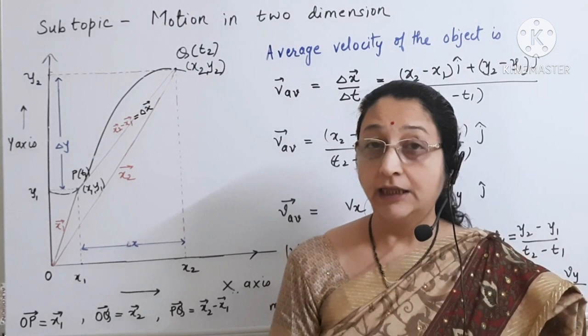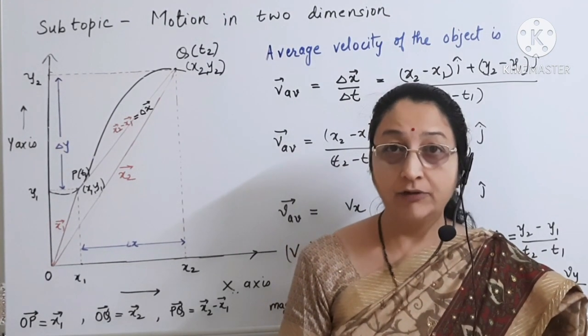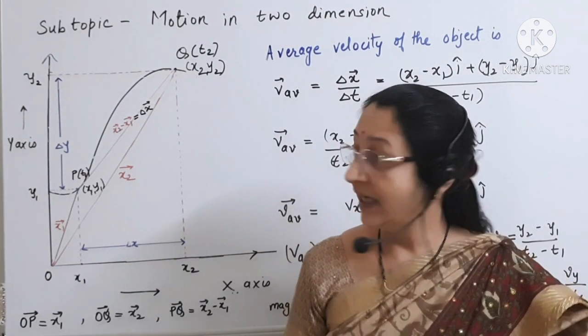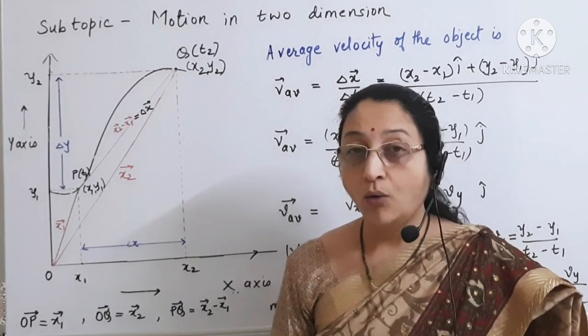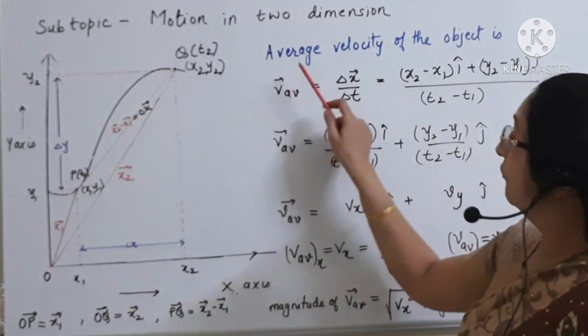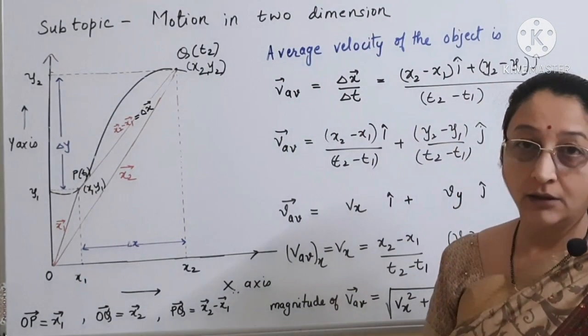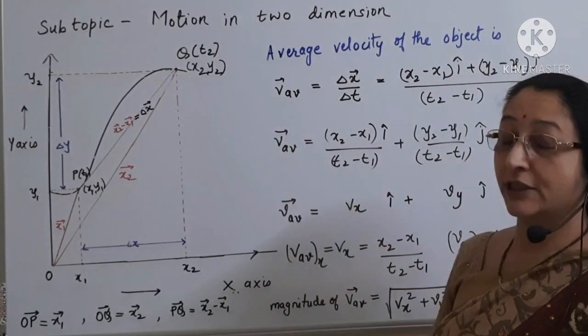After discussing the displacement of the object which is moving in a plane from point P to point Q, we now discuss about the velocity of the object. The average velocity.